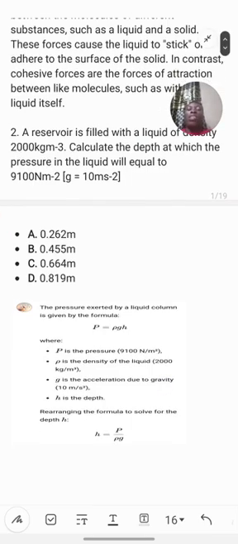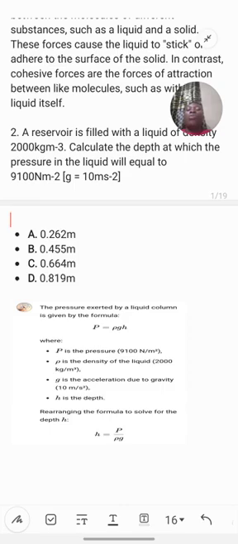So the capital P is the pressure, which is 9,100 Newton per meter square. Then we have the small ρ, which is the density of the liquid, which is 2,000 kilogram per meter cube. Then we have g, the acceleration due to gravity, and h is the depth.